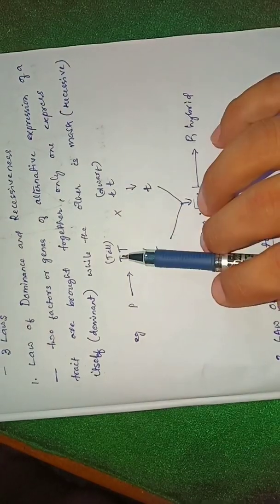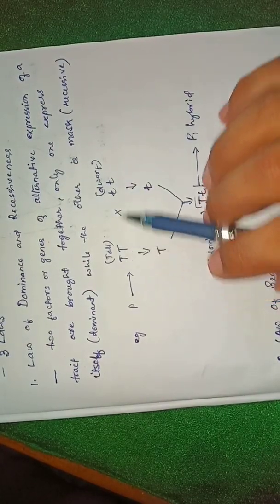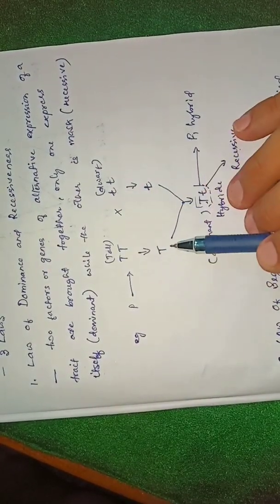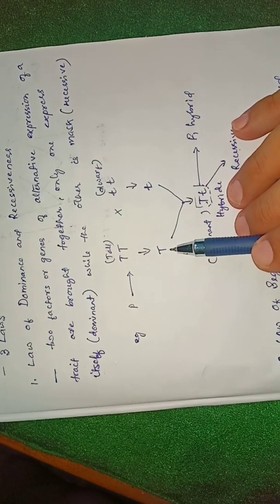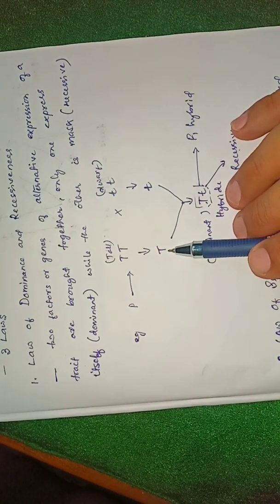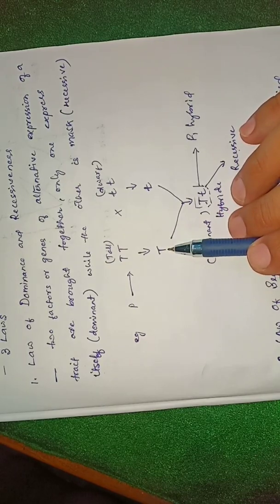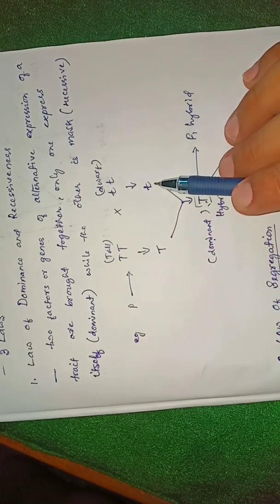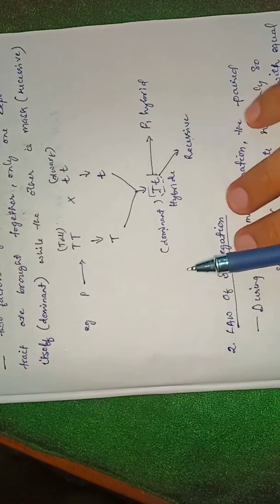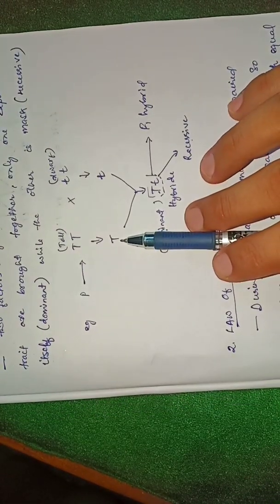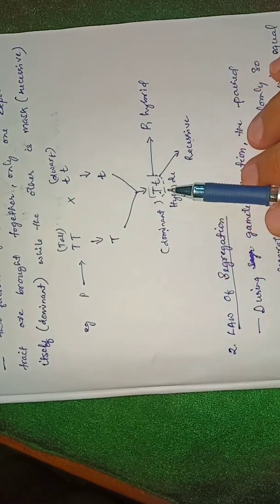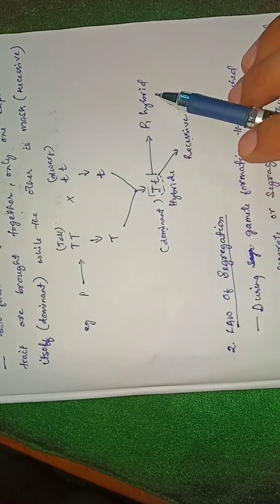These are the parental plants, and the gametes given out by these two plants are in this form. The tall plant gives the gametes capital T. The dwarf plant gives the gametes small t. So fusion of this capital T and small t gives rise to the hybrid F1 plant.